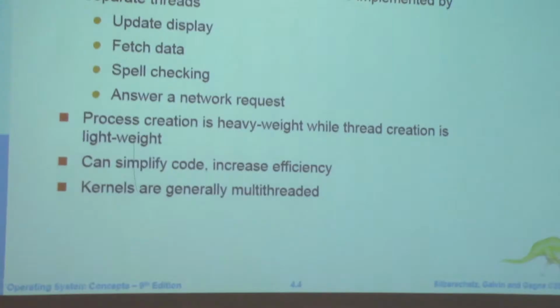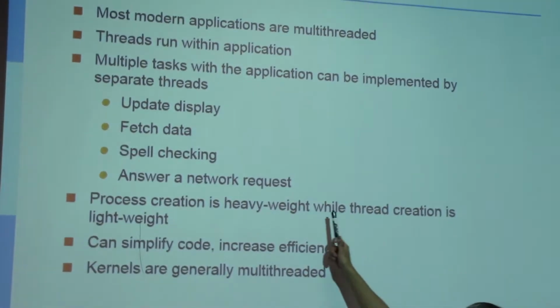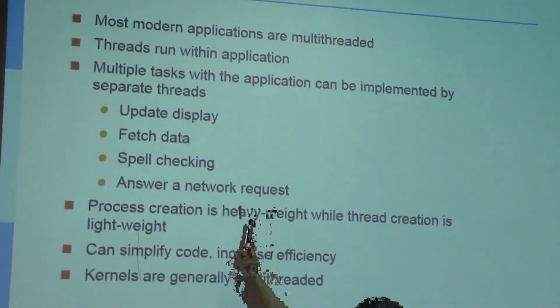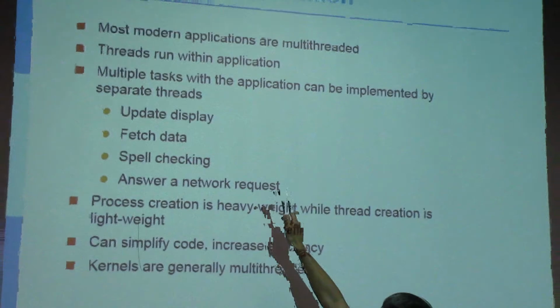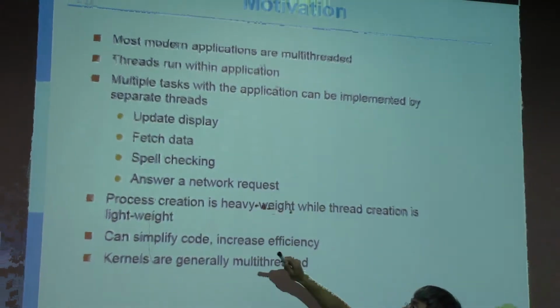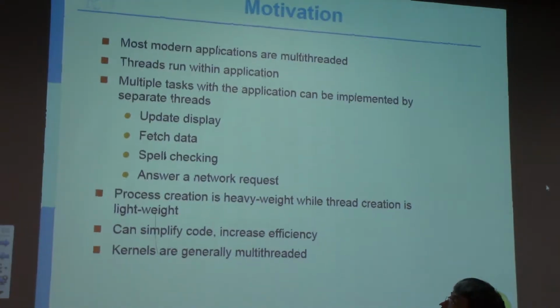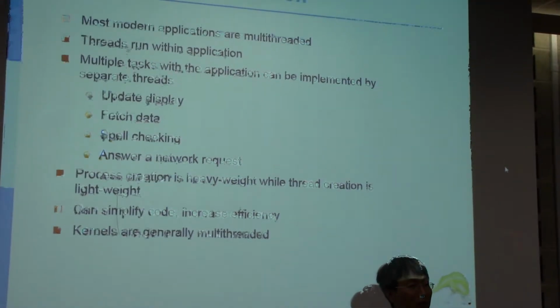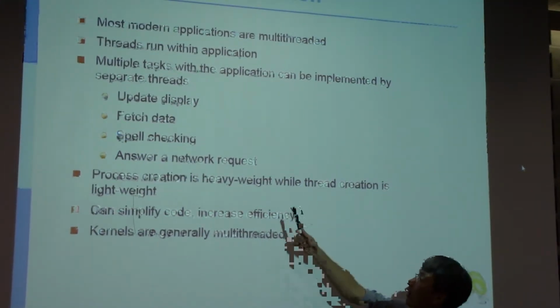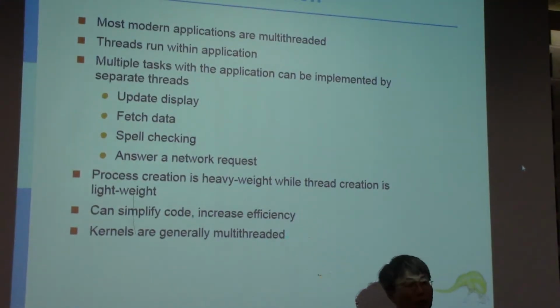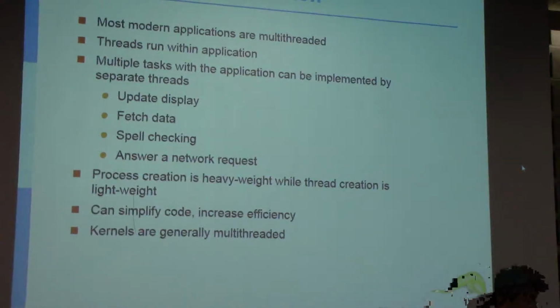For example, using such threads, we can do multitasking. Like one thread is in charge of updating the display, another one is getting the data, another one is spell check while you receive the data, and a third one answers network requests, something like that.